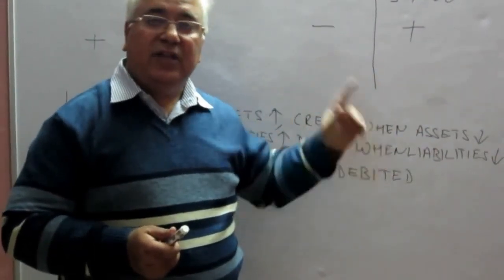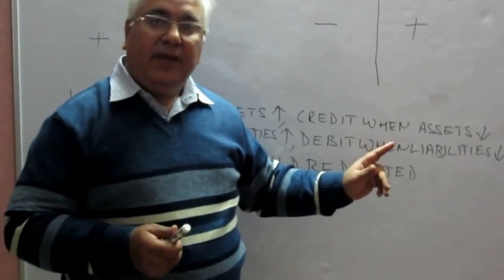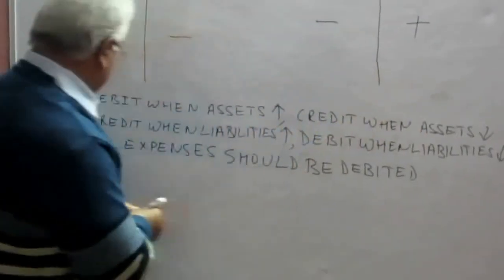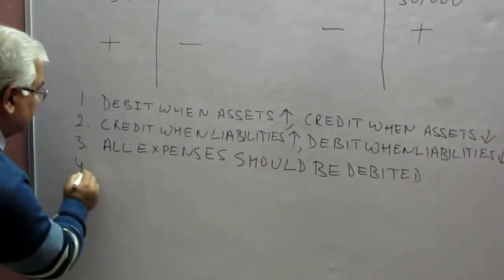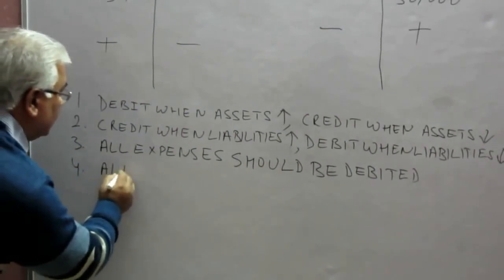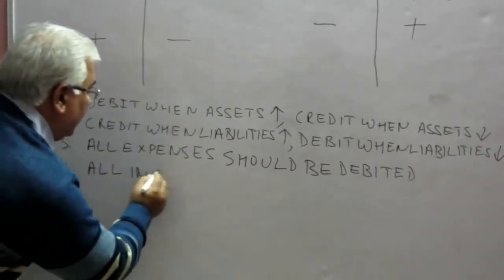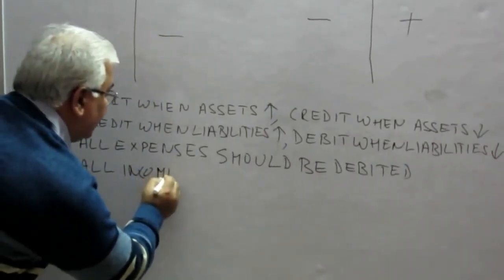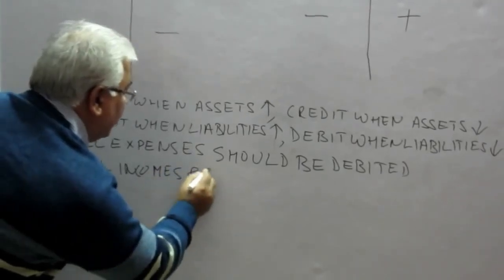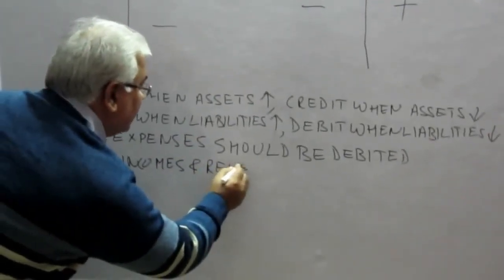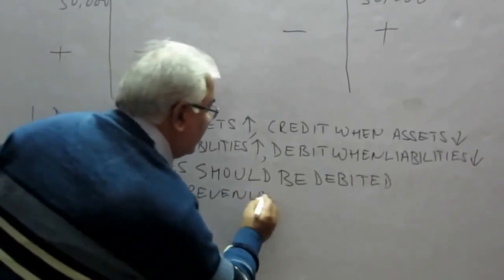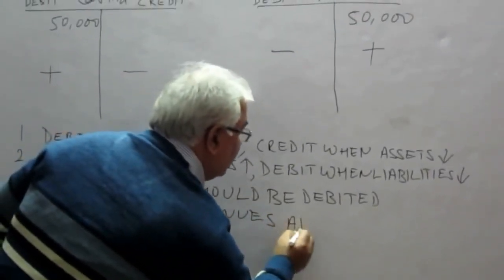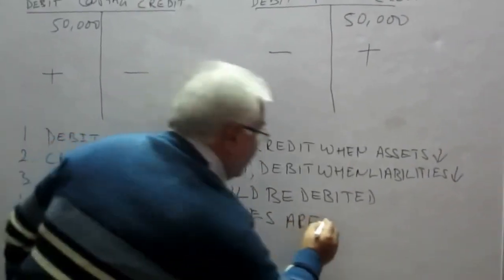So all incomes and revenues will be credited. So our rule is, all incomes and revenues are credited.